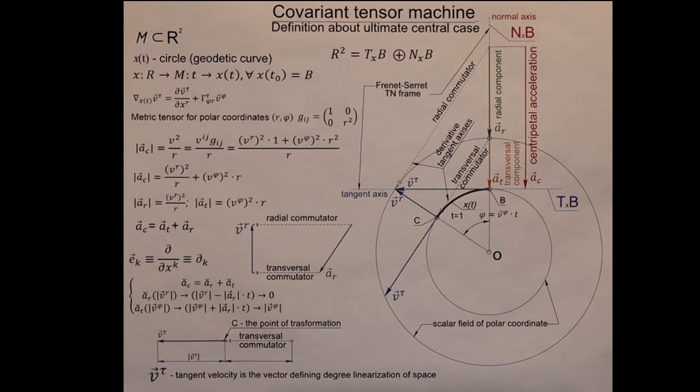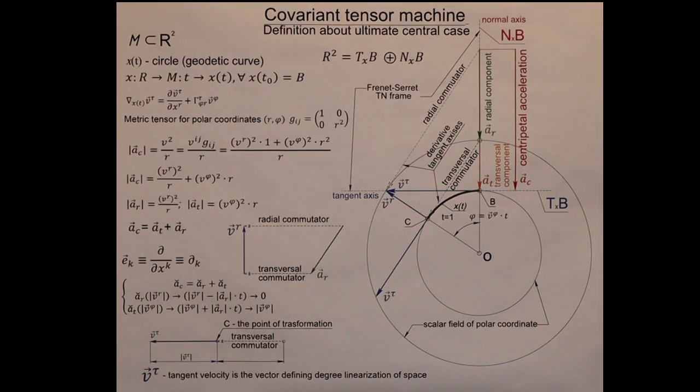The second commutator is between the start of the radial vector and the arrow of the radial component. It is also the start of the transversal acceleration vector component. Its axis connects the start of the radial velocity with the start of the transversal acceleration vector.